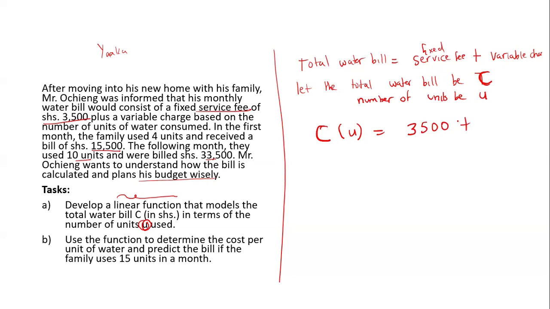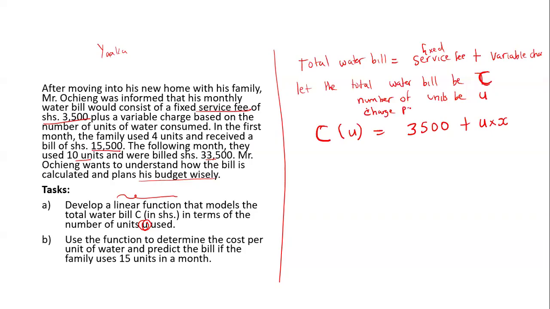Now, the variable charge will depend on the cost per unit charge, which we don't know. So it's going to be the number of units times how much each unit costs. U stands for the number of units, then I'm going to put a letter, let me put X, to represent the charge per unit.